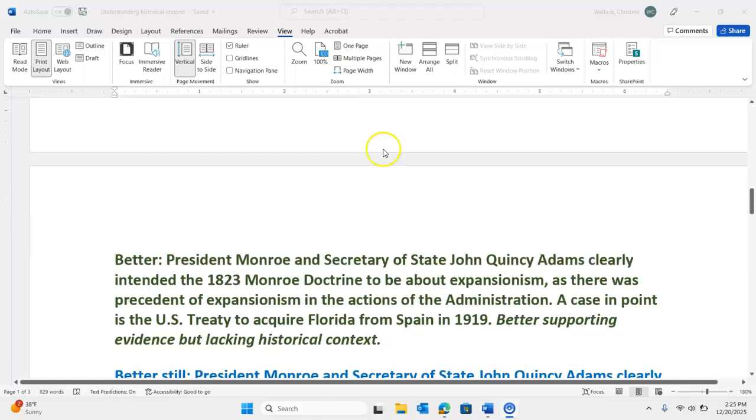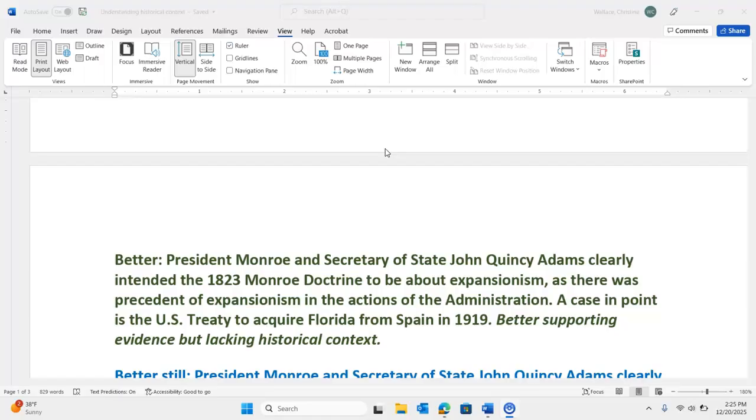If you look at the next statement, okay, so this is maybe a little bit better. President Monroe and Secretary of State John Quincy Adams clearly intended the 1823 Monroe Doctrine to be about expansionism, as there was a precedent of expansionism in the actions of the administration. Okay, so we now have actors, Secretary of State John Quincy Adams.